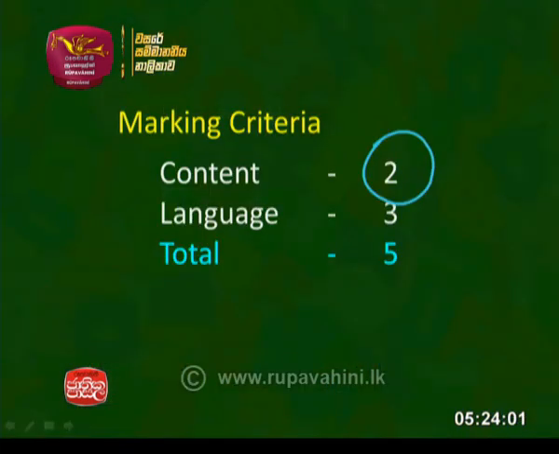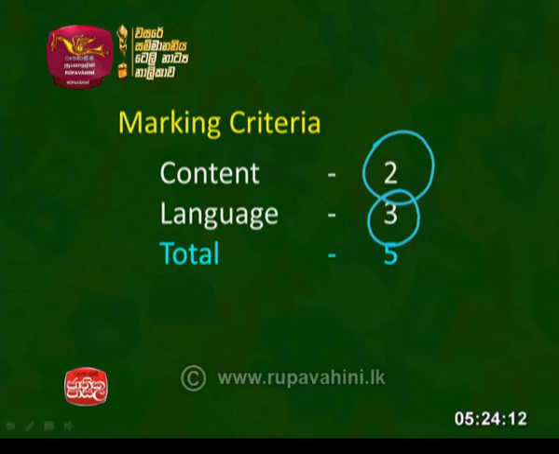So if we talk about the previous slide, the marks you are getting for this particular question is actually 5 marks. So this 5 marks goes as 2 marks for content and 3 marks for language. එතනදී content අන්තර්ගත වෙලා තියෙන කරුණු වලට ලකුණු 2ක් දෙනවා and the language you are using, the techniques you are using, for that you will be getting 3 marks.